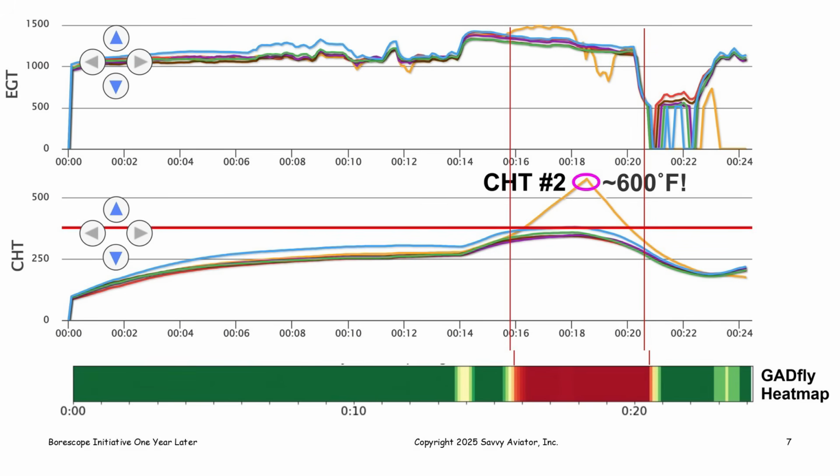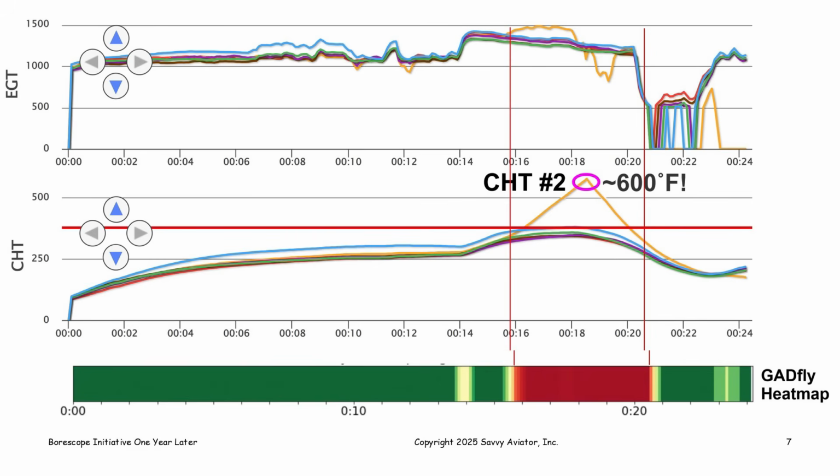So here's a flight where there was a pre-ignition event, and the number 2 CHT started running away. It got up to about 600 degrees Fahrenheit before the cylinder basically shut down because the piston started to melt.